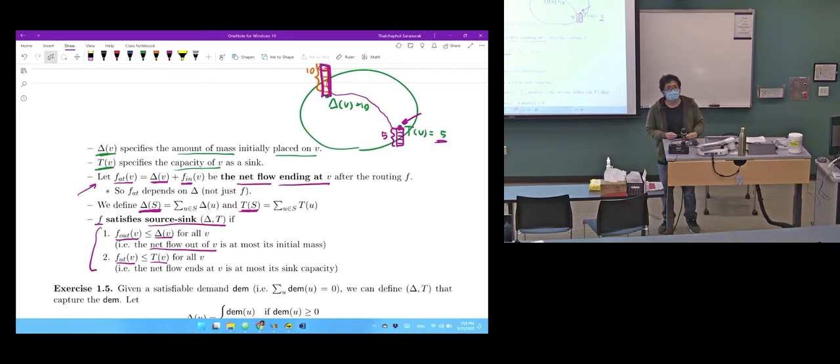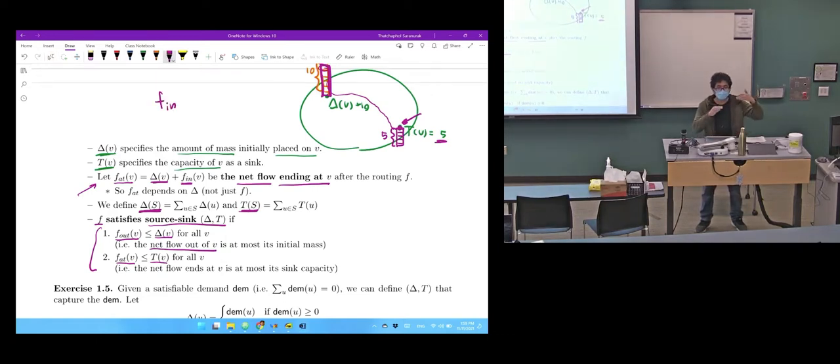In F at V, why aren't you subtracting F out of V as well? It makes intuitive sense, right? You're subtracting the flow going out of V. So note that F in already subtracts the out.